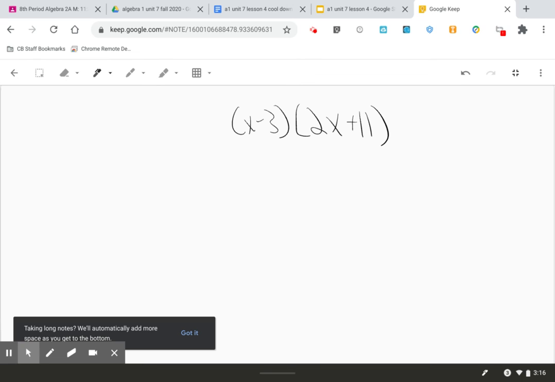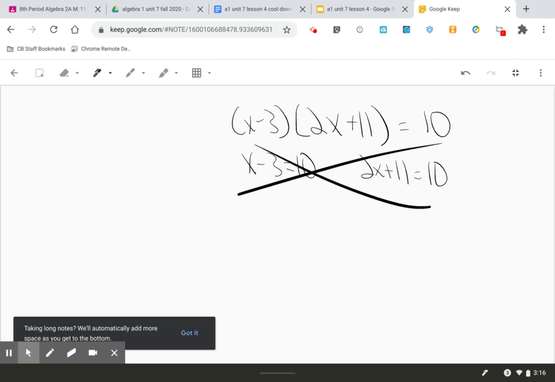Before it was set equal to 0, so I was able to use that trick, set each factor equal to 0 and solve for x. If this was x minus 3 times 2x plus 11 is equal to 10, I could not use that trick. I would not be able to say x minus 3 equals 10 and 2x plus 11 equals 10. That would not work. So the important thing to realize is that this trick only works if the equation is set equal to 0.